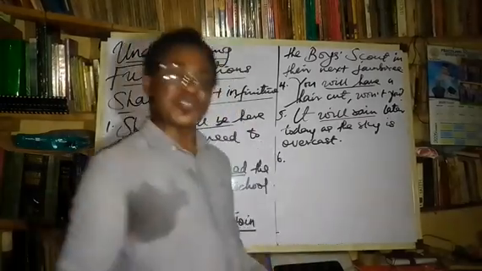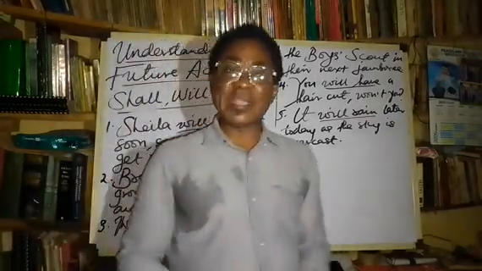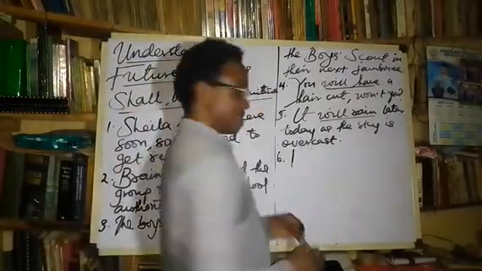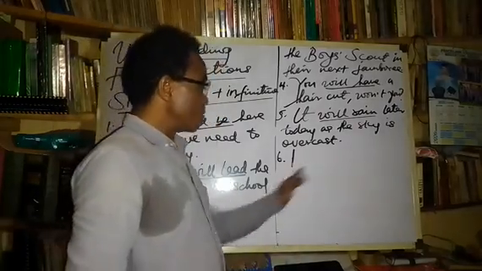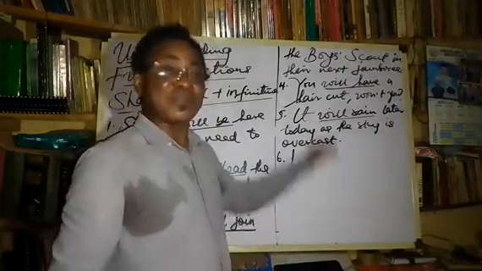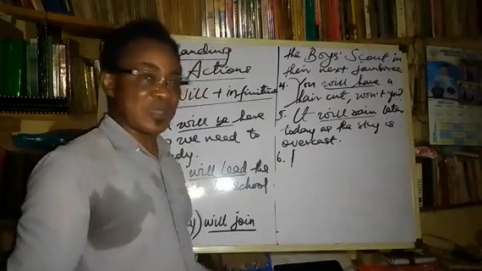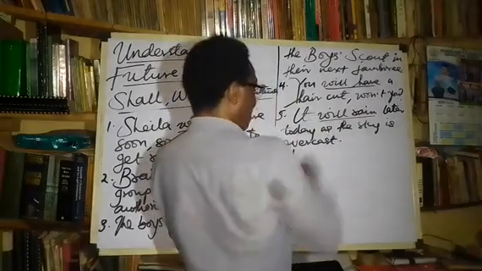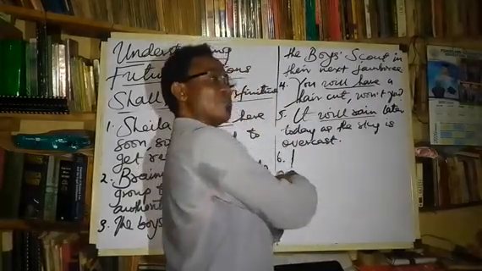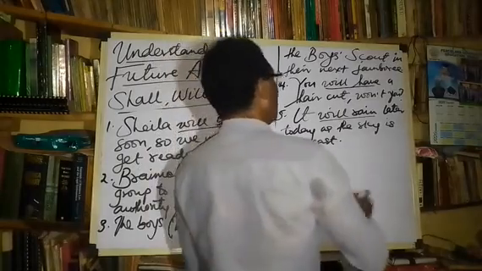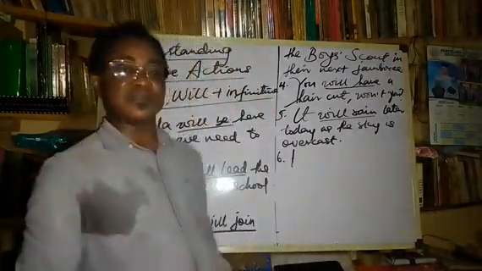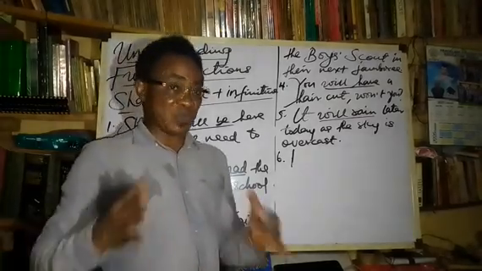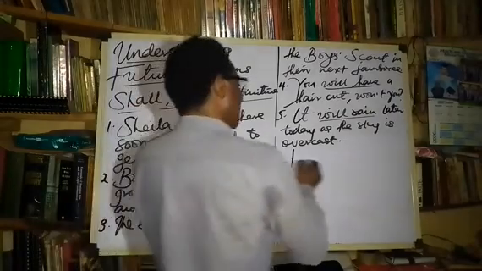Apart from future probability, which I said we can express using I and shall, and we and shall, but will with the other subjects, we can now talk about future with willingness, or future with promise, which I talked about earlier on. But let us take a look at this.